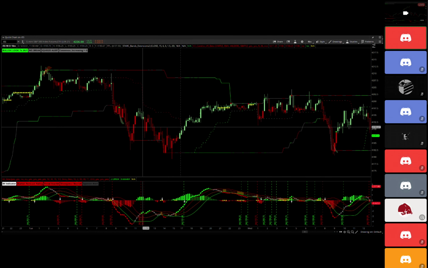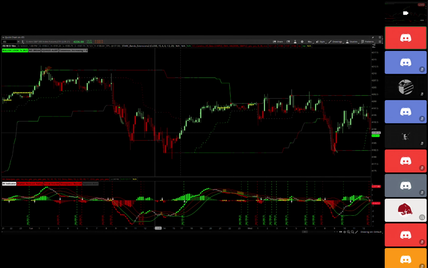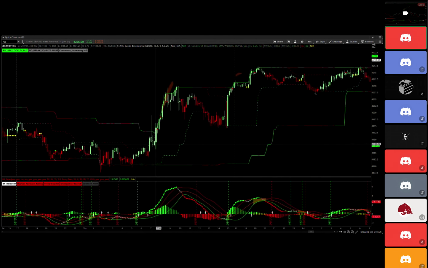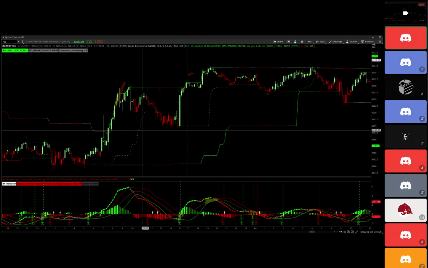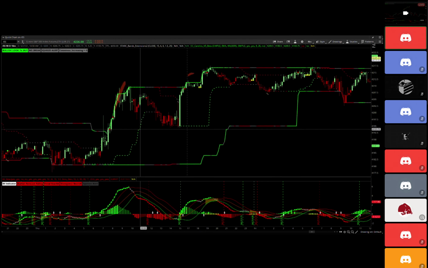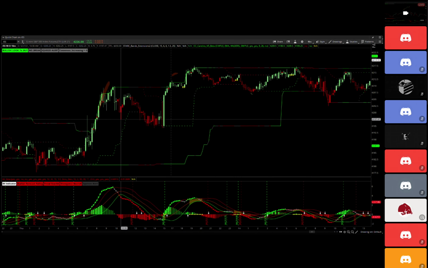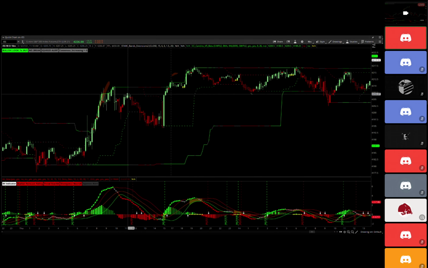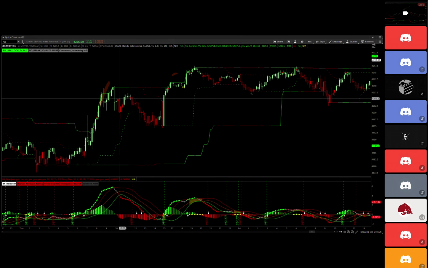It's the inverse of what we see in the other environmental condition, the red candle in a green channel. And even when this thing ends up flipping around, not everything's a home run. Even when it flips around, you still had this opportunity to exit.